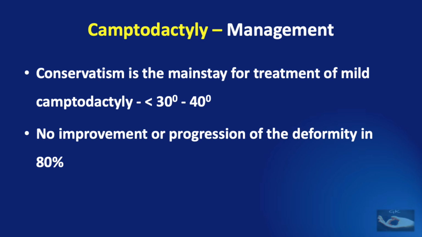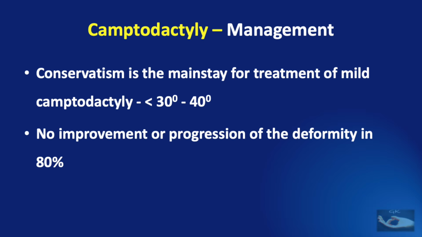As far as management of the camptodactyly is concerned, conservatism is the mainstay for treatment of mild camptodactyly. A contracture of less than 30 to 40 degrees does not interfere with activity or create a functional handicap. The patient and family need to be instructed to accept the deformity and avoid surgical intervention.